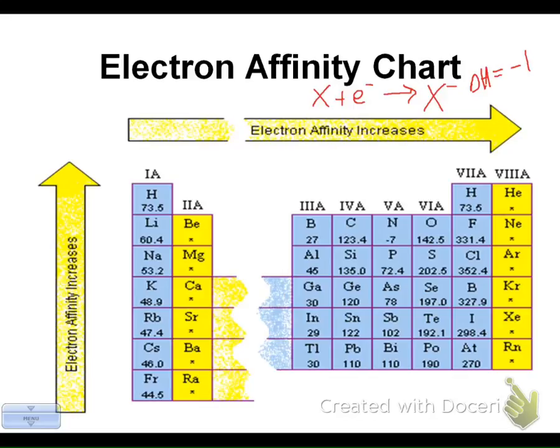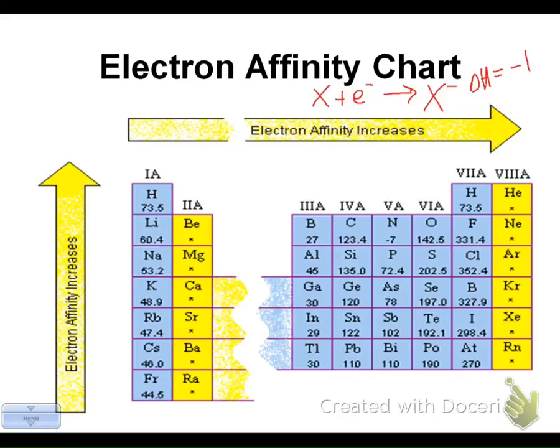What that's saying is that nitrogen actually fights against being given an extra electron. It doesn't want it. Nitrogen has 3 electrons in the px, the py, and the pz orbitals. There's one each in there. It doesn't want another one because then it would have to be paired up. So you're going to have a bit of an energy deficit trying to make 2 electrons pair up in an orbital.